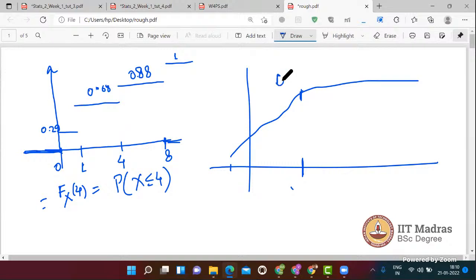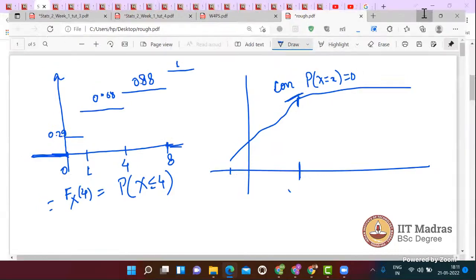That's why in the continuous form the probability at x equals 0 is 0, but not for discrete, because discrete is defined for only a countable number of values. In the continuous case it is uncountable. That's why for a particular value the probability is generally 0 for continuous cases, not for discrete.